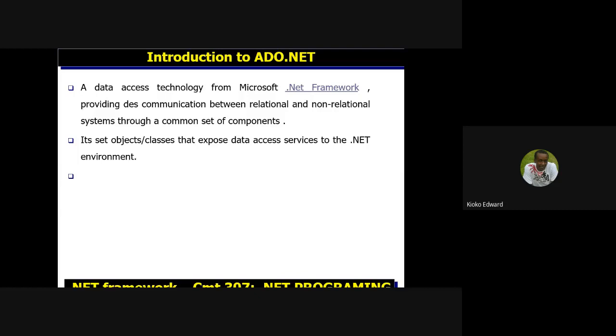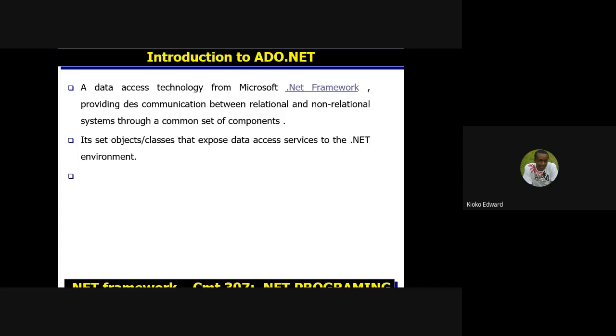This framework, or this set of technology, will have some set of components. We look at those components, and we should also see at what point we use those components. Actually, the ADO.NET framework is a set of different classes.